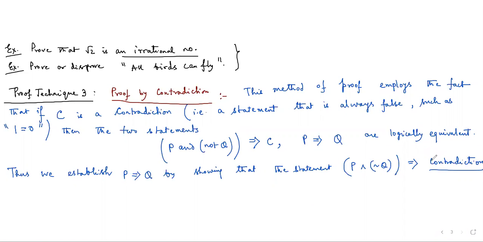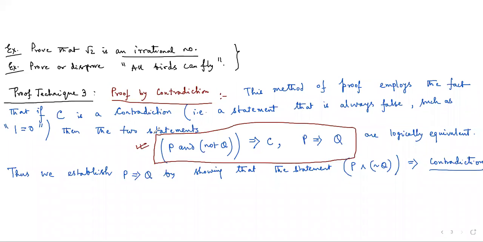So this is the trick which we apply in this particular kind of technique. It is a kind of formalism that is applied in this kind of proof technique. We want to prove that P implies Q. We want to prove that this conclusion Q is coming out of this hypothesis. We cannot do so directly.